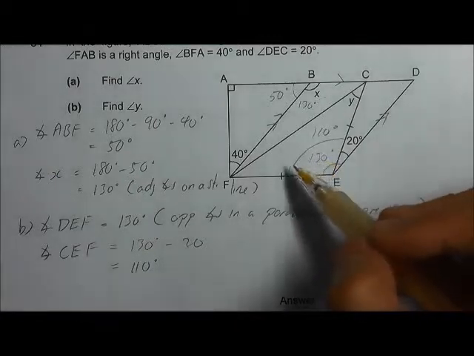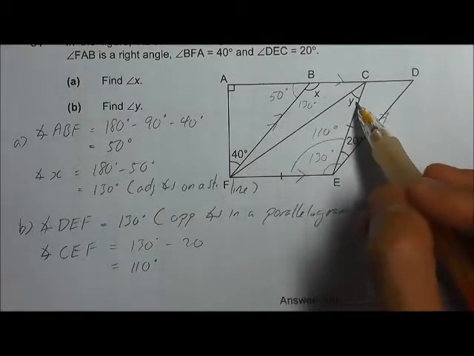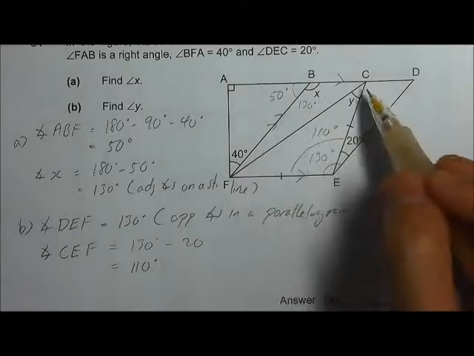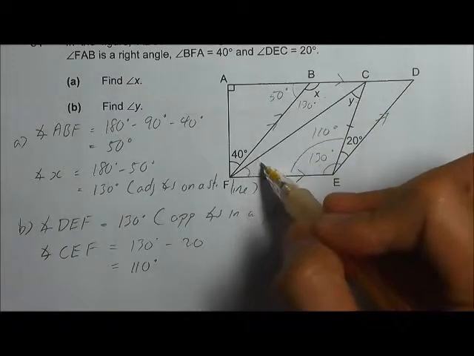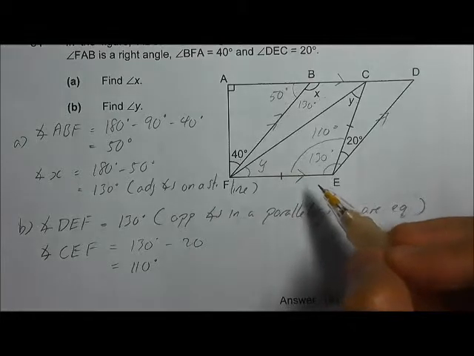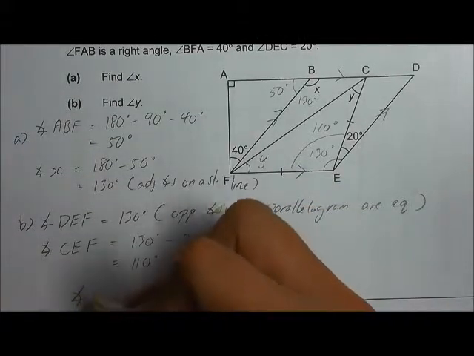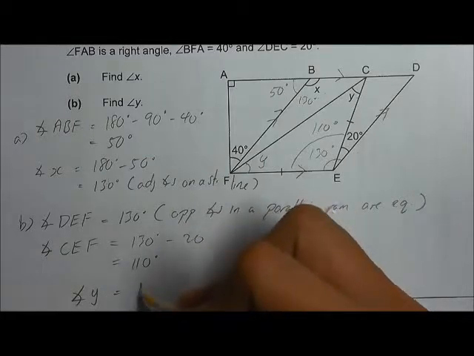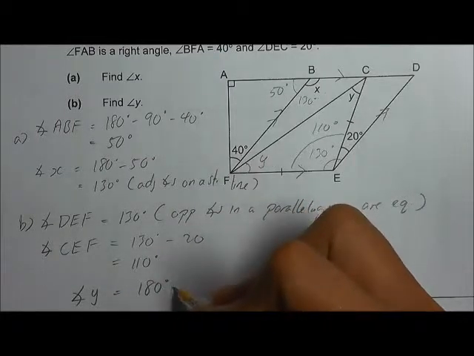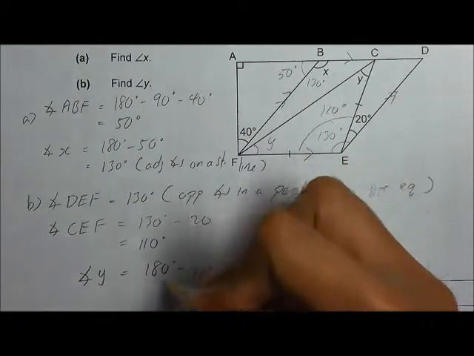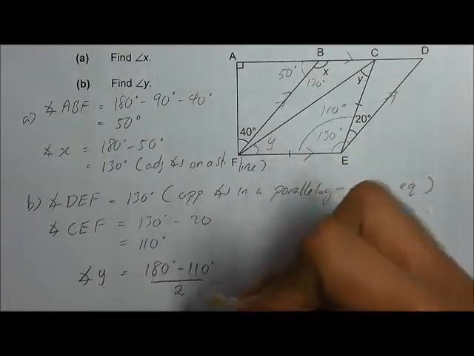Okay, so we can find out what is angle Y. Because triangle CEF is an isosceles triangle, this angle here will also be Y. So to find Y, angle Y is just 180 degrees minus 110, divided by 2.